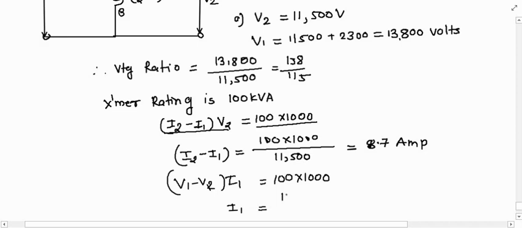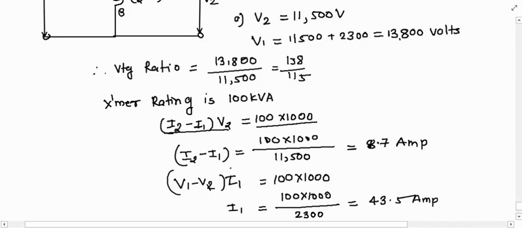I1 will be equal to 100 into 1000 divided by 2300, because V1 minus V2. What is V1? V1 equals 13,800. 13,800 minus V2, which is 11,500, so it will be 2300. So I1 I will get as 43.5 ampere.